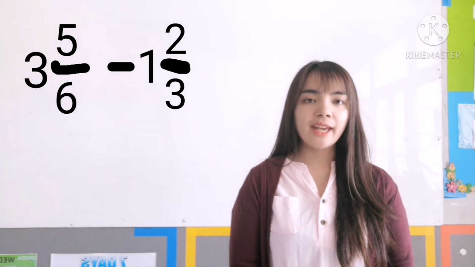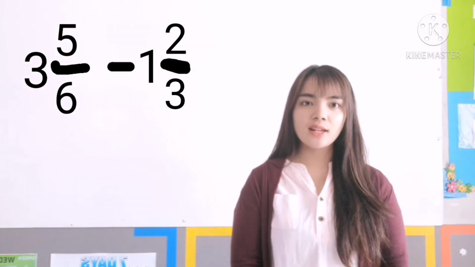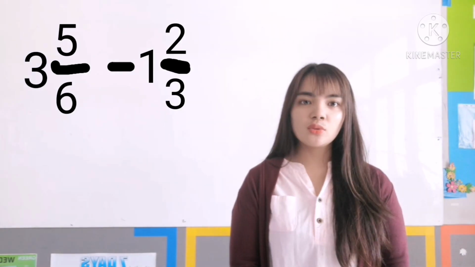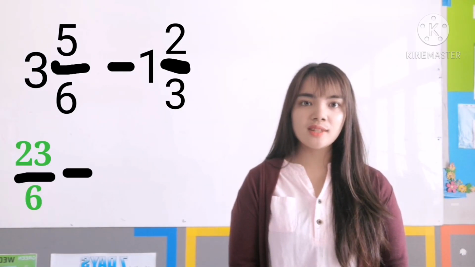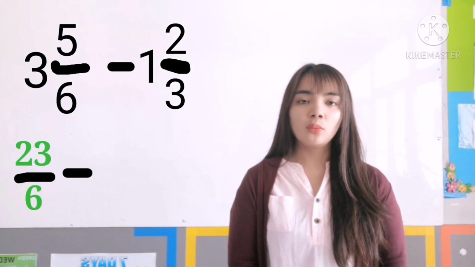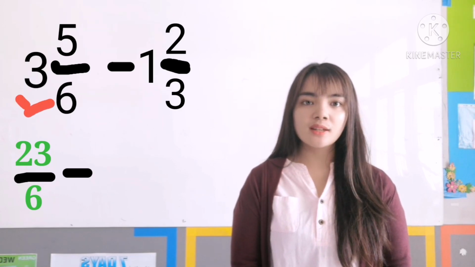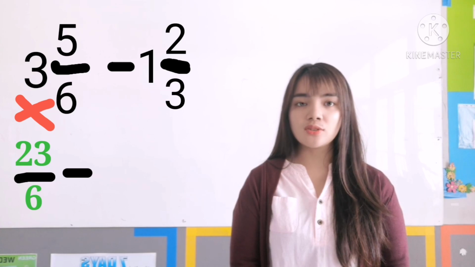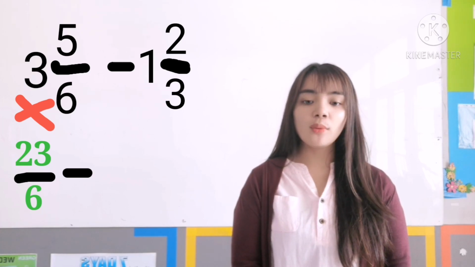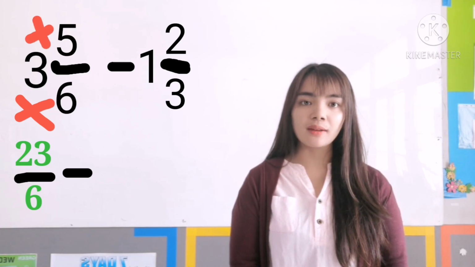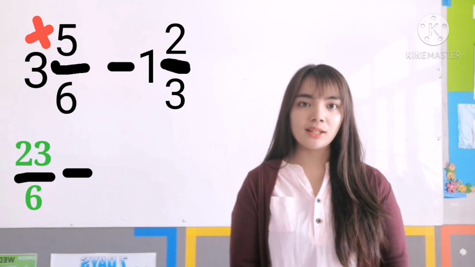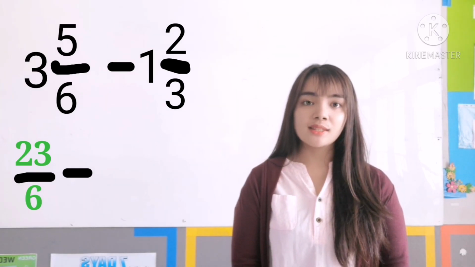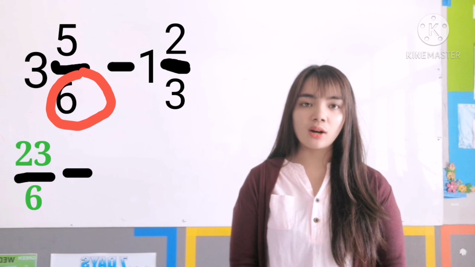So 3 and 5/6 is equivalent to 23 all over 6. Why? We need to multiply first 6 times 3. That is equivalent to 18. Then we add plus 5. So that is equivalent to 23. Then we can just carry our denominator.